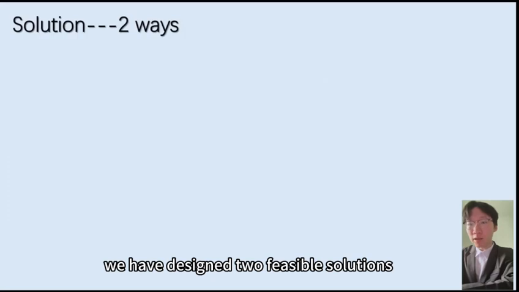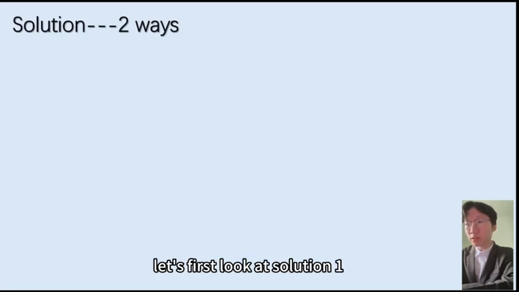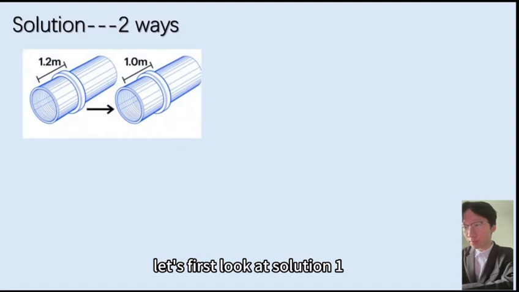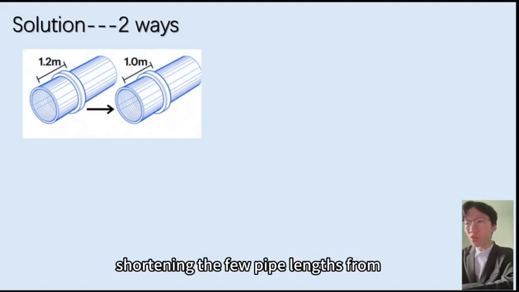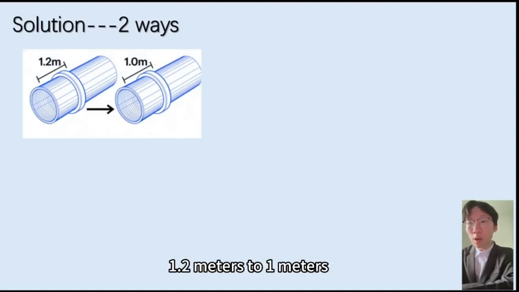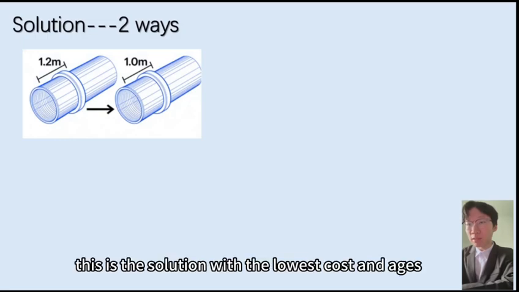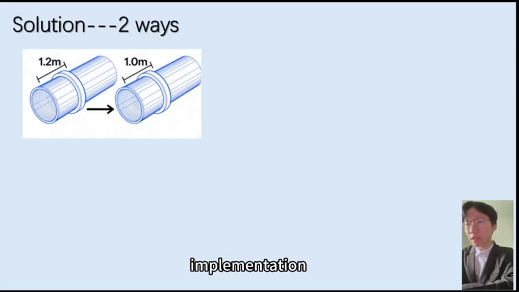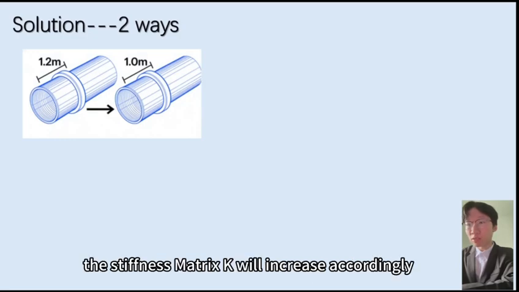We have designed two feasible solutions. Let's first look at solution 1. Shortening the fuel pipe length from 1.2 meters to 1 meter. This is the solution with the lowest cost and easiest implementation. After shortening the length, the stiffness matrix K will increase accordingly.